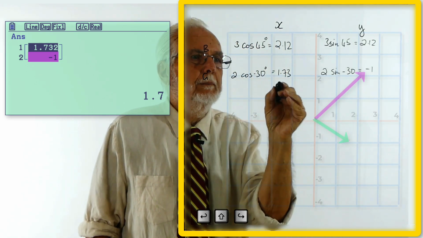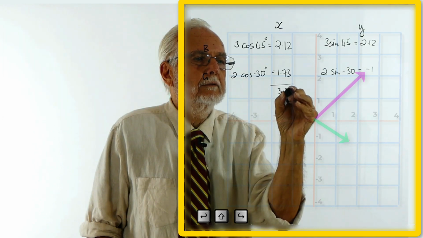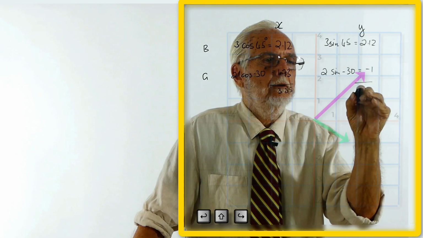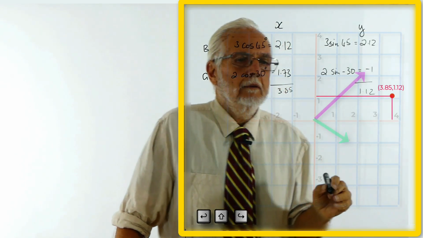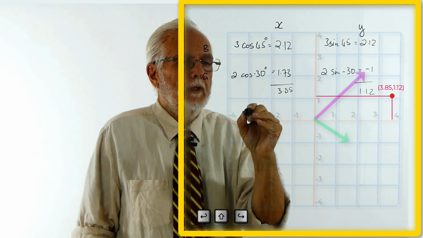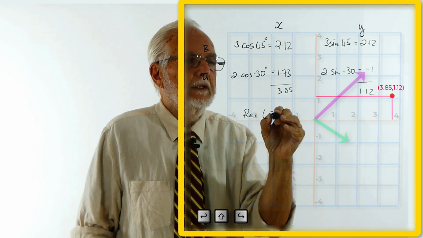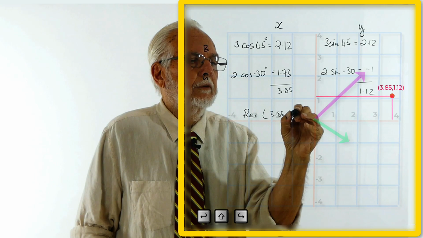So we add those up and we'll get 3.85 for x and 1.12 for y. So that gives us our rectangular value, 3.85, 1.12.